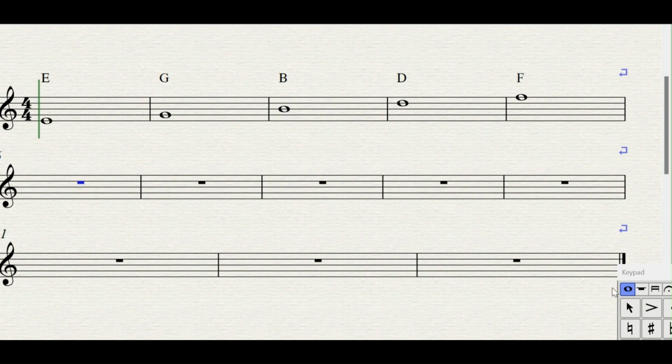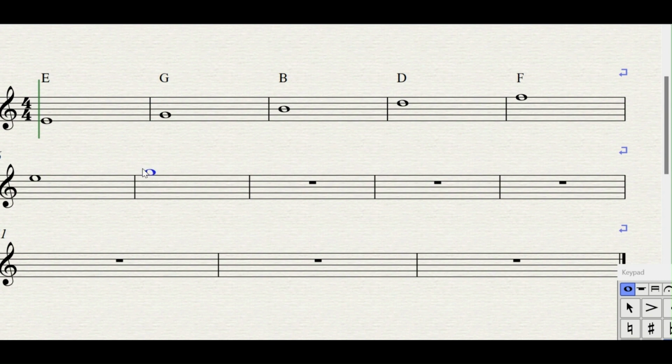I have a few things I'd like to demonstrate when I'm doing this. So E, that's the topmost space, because we remember the spaces spell F-A-C-E, that's face. E, and then this is the space note sitting on a line.